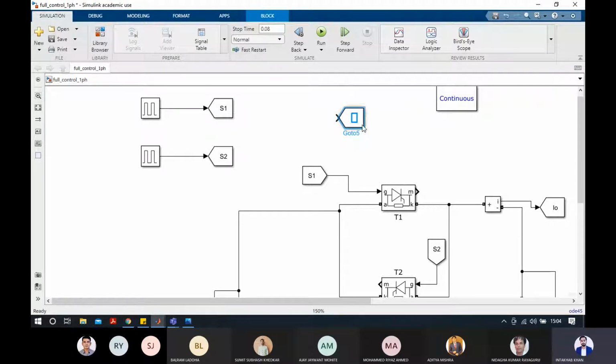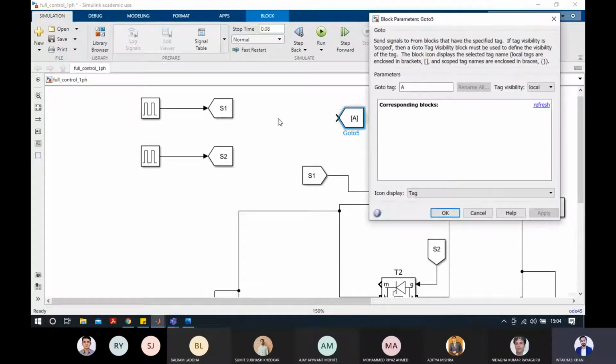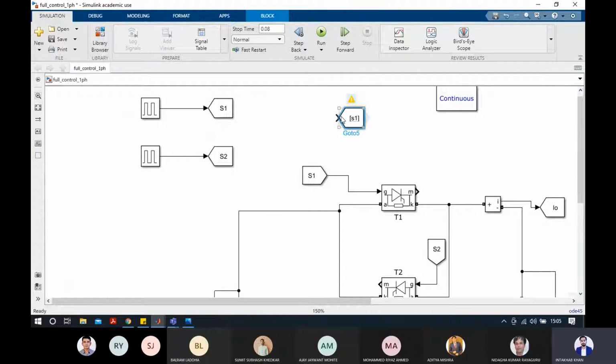We can rename this, for example as S1. Anything can be renamed, and you can connect it to the pulse generator. Now the goto block sends the data to some other address in the computer, and then you can get the same data by using the from block.